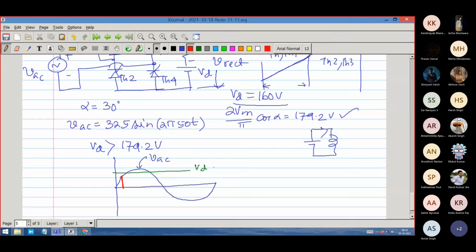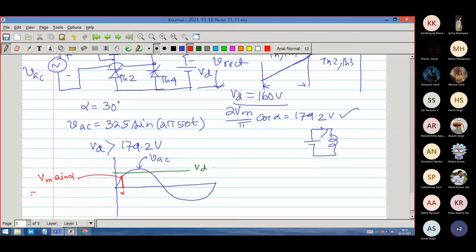But first note that, will it conduct? What is this voltage at alpha? This AC voltage instantaneous value is Vm sin alpha. That is the instantaneous value, which we compare with Vd.